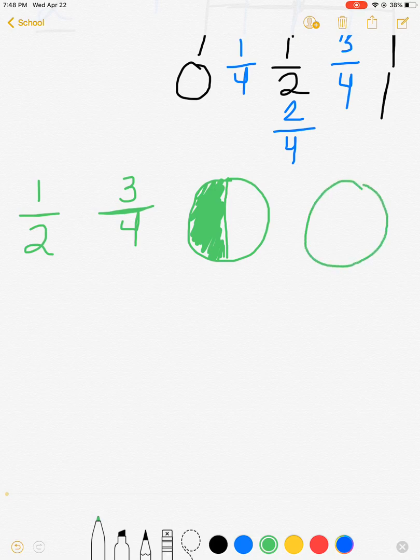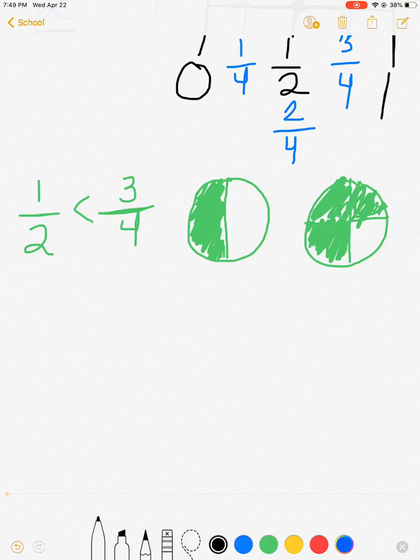Now we'll draw another shape, but divide it into fourths. And even though fourths might be smaller pieces, we still have more of them. We have more pieces. So let's think, would you rather have half of a pizza or 3/4 of a pizza? So 1/2 is less than 3/4.